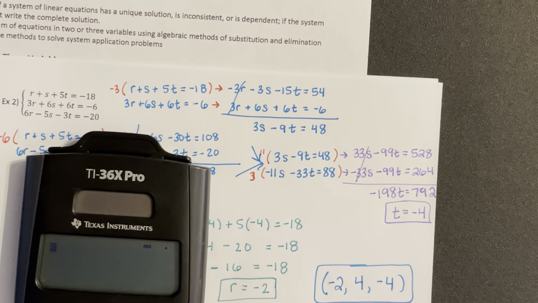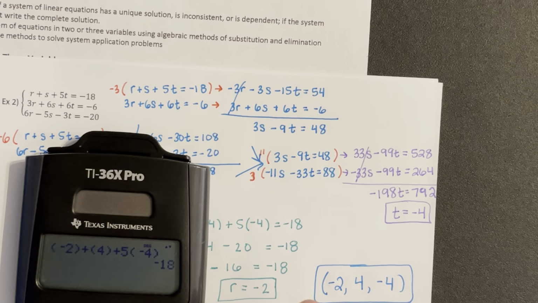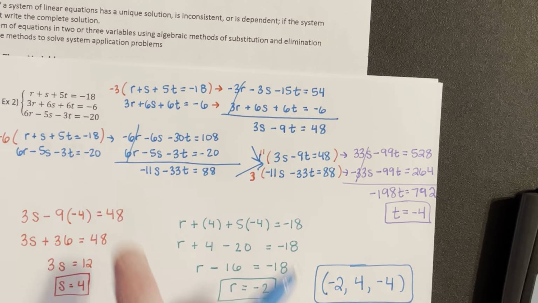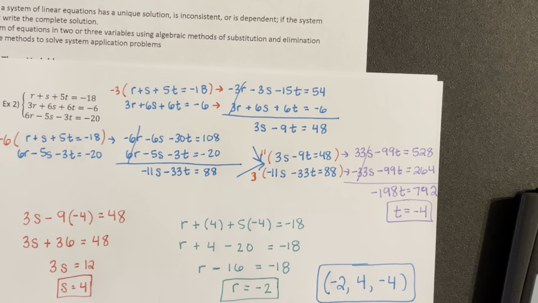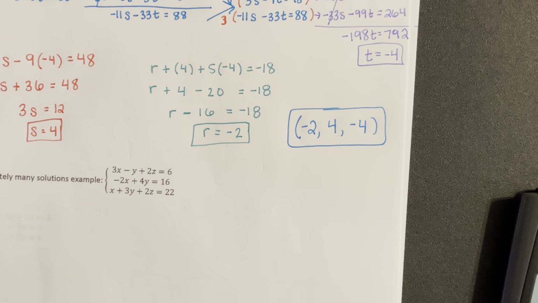So r was negative 2 plus s, which was 4, plus 5 times t, negative 4, should equal negative 18. And it does. You could do that for all three of them and see that it still works for all three. All right, we still want to see an infinitely many solution example.